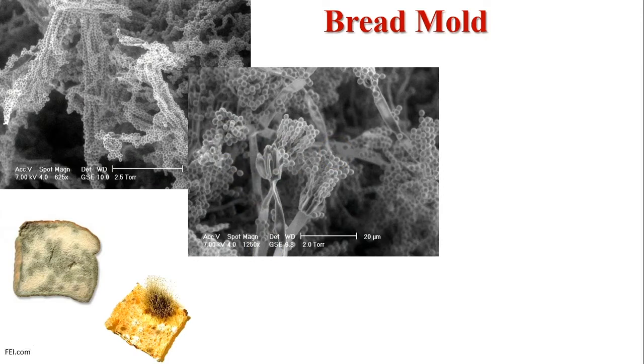Based on this observation, this is bread mold under the electron microscope or under the light microscope. You may describe a lot of spherical particles, and it also looks like chains, and the surface seems smooth.